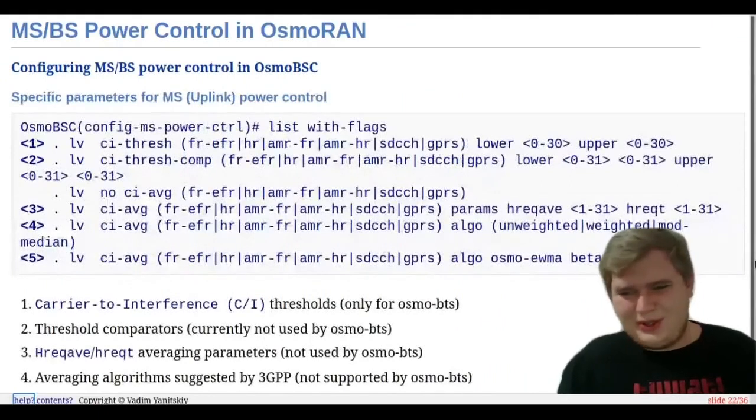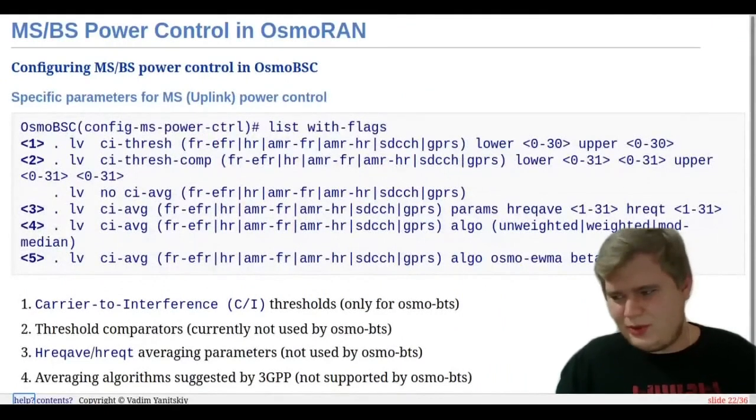For MS power control, there is a specific set of parameters. Like I mentioned before, as the criteria for RX quality, for the quality of the received signal, you can use either the bit error rate or the CI, which is the carrier to interference ratio.